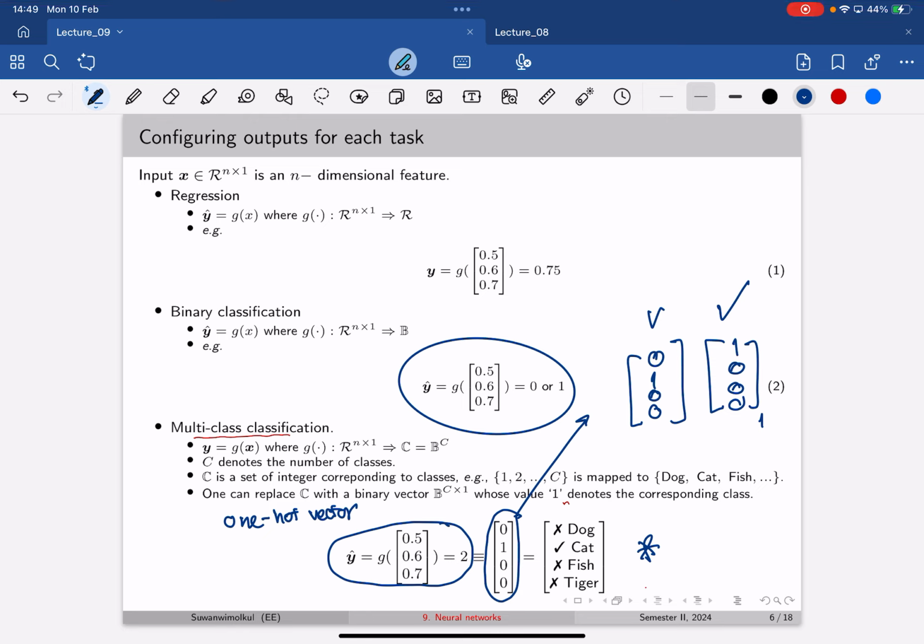If you do exclusive OR, then it's only around this. But what if you have predicted class 4 instead of class 2? It will be like this.